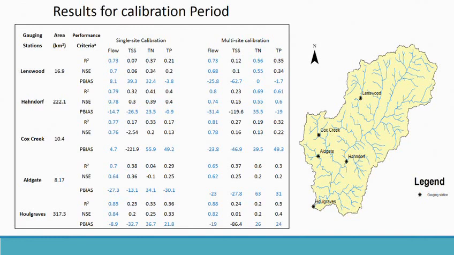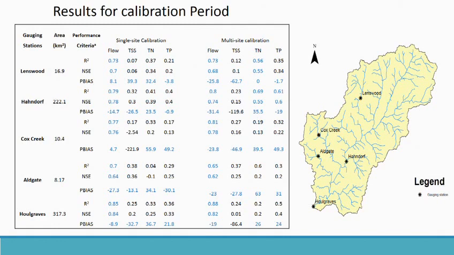Then, to compare which calibration approach gives us an improved model, we took three performance criteria: R square, the coefficient of determination, the Nash coefficient, and percent bias. Generally R square and NS should be greater than 0.5, and we see that for flow, single site calibration is performing better than multi-site calibration.